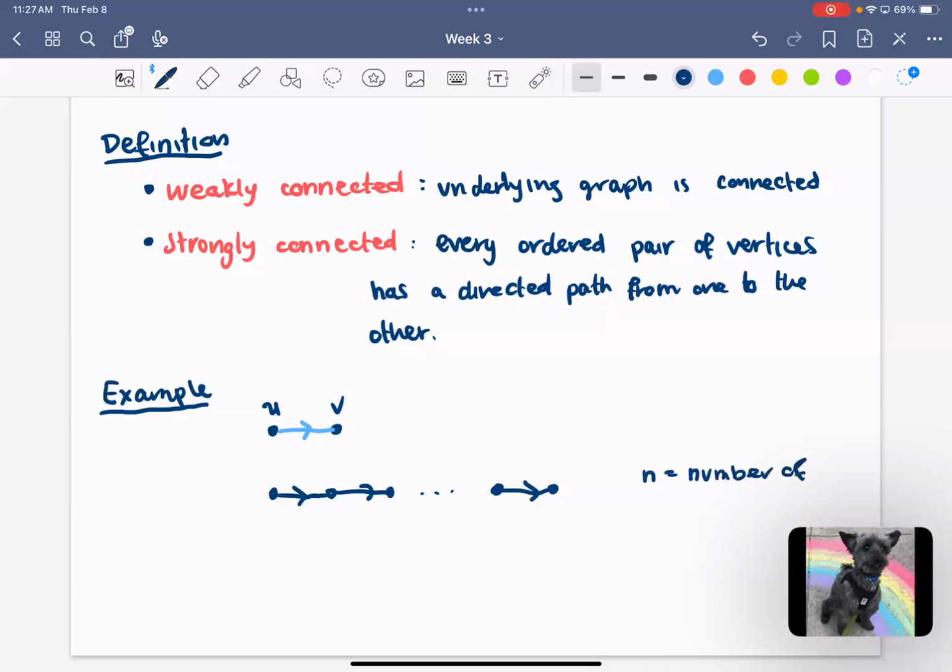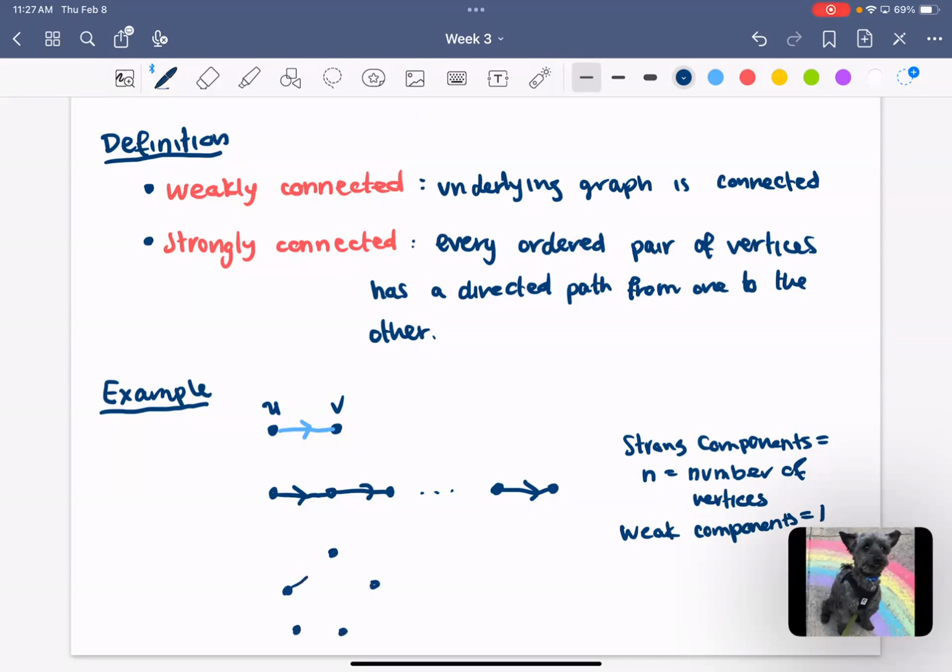And how many weak components? One. Yeah. So same as for the ordinary path, we just forget about the orientations and then we have one connected component. Okay, what about the last example, cycles?